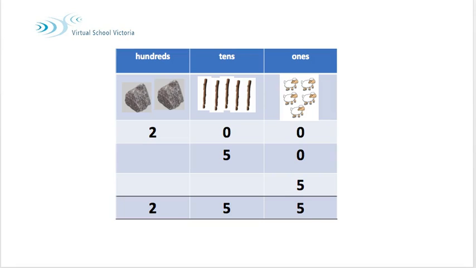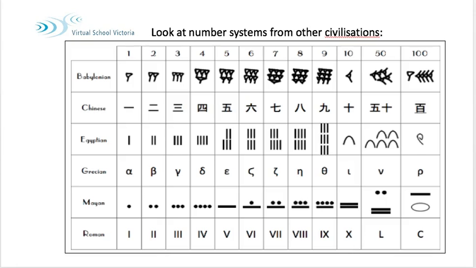Let's have a look at how the different number systems represented those counting ideas. I thought the Egyptian system was very interesting because it got to 9 and then it thought of a different symbol to show a group of 10 and another symbol to show a group of 100.